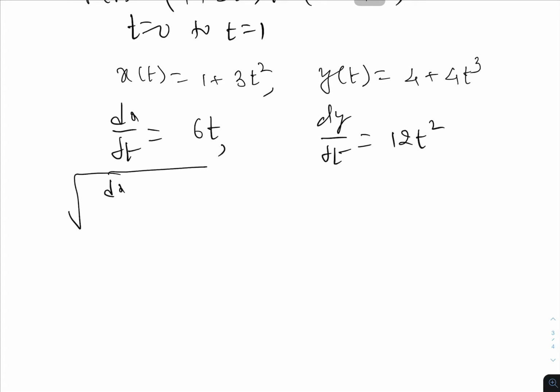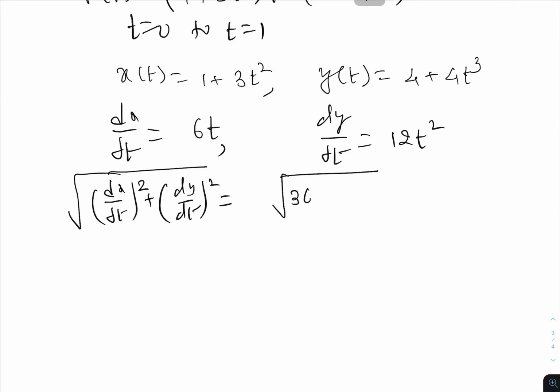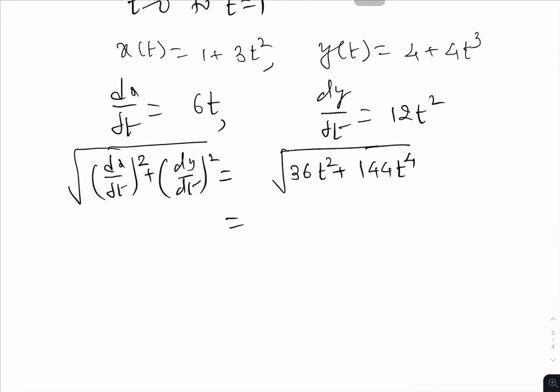And the root of (dx/dt) squared plus (dy/dt) squared is equal to the root of 36t squared plus 144t to the power 4. Okay, we can write it like this also: 36 is 6 squared, and t we can take outside.